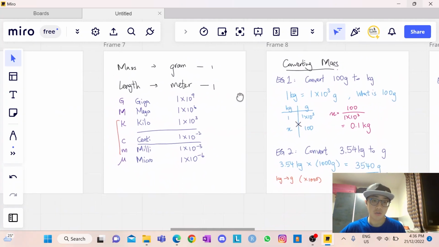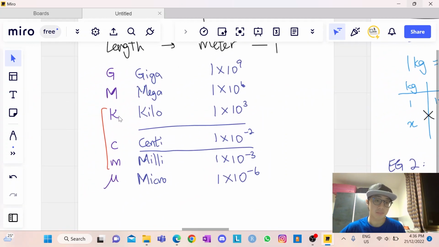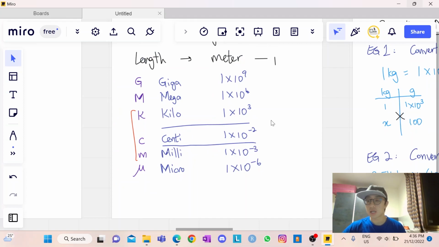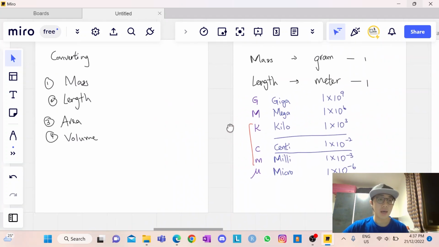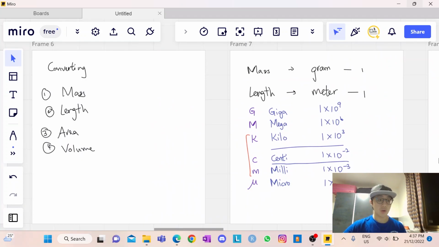So all of these, you might want to take some time to memorize, especially kilo, centi, and milli, to make sure that you don't mix up these conversions, because usually these kinds of questions give you 1 mark or 2 marks for just converting, and sometimes in a very long problem-solving question, at the last part they want you to convert from km to cm and so on. You don't want to lose these kinds of marks, so please make sure that you know how to convert all these things.